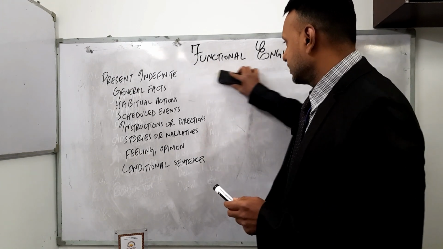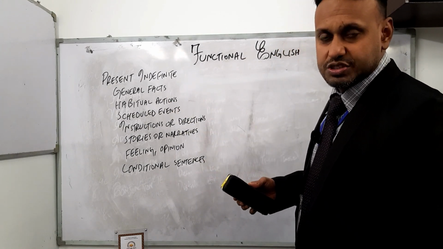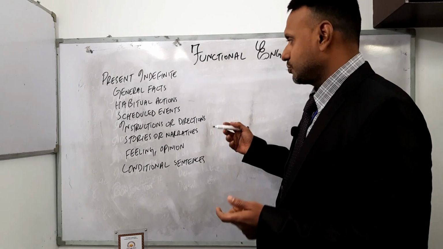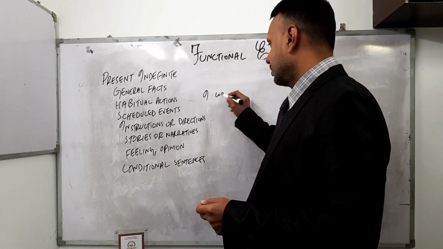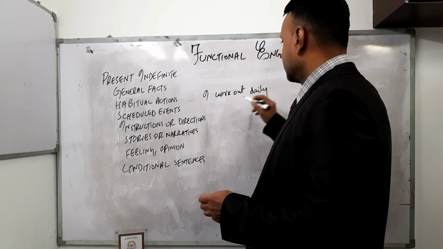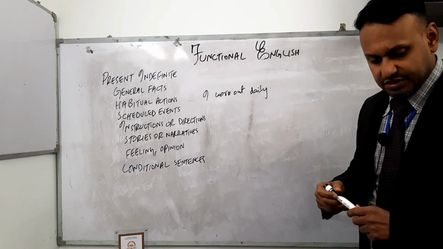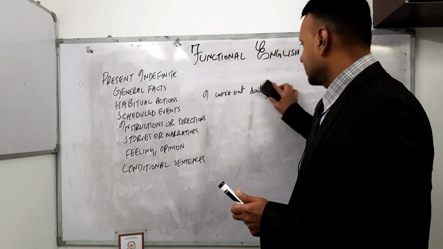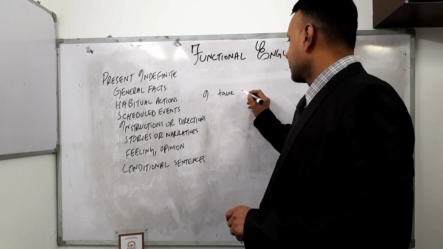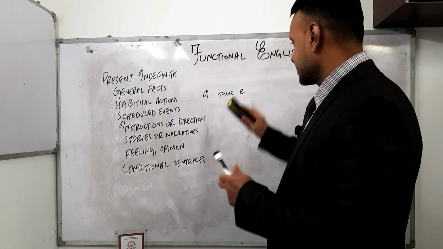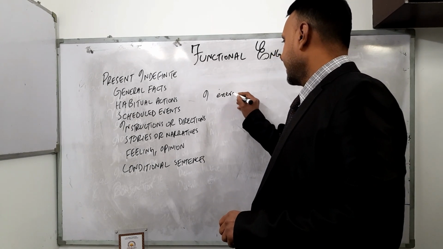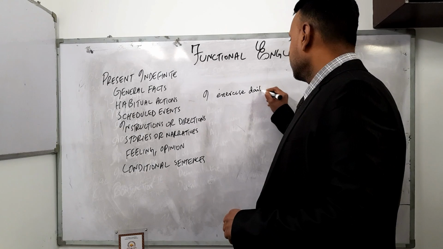Now looking at the second condition where we want to use the present indefinite: habitual action. If I was to write about my habit, if I say I work out daily, or say I take exercise, or I exercise daily.